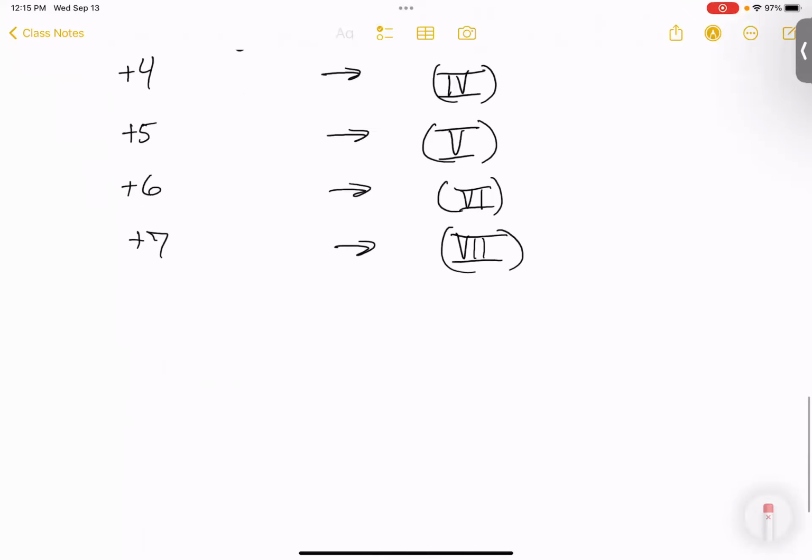Okay, so let me go back to my iron example earlier. I said that iron can form 2 different charges. It can form an iron 2+, or it can form an iron 3+. We could not just simply say iron ion, because no 2 ions can have the exact same name.